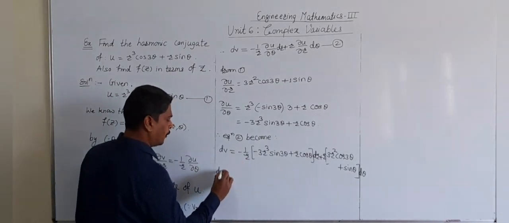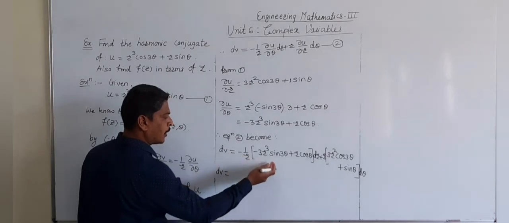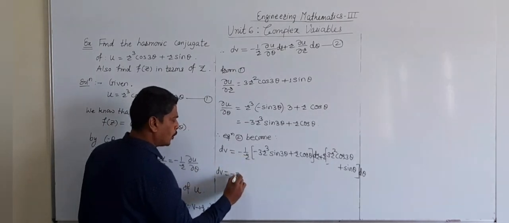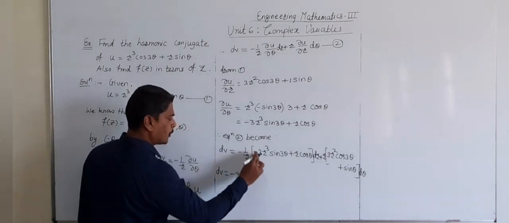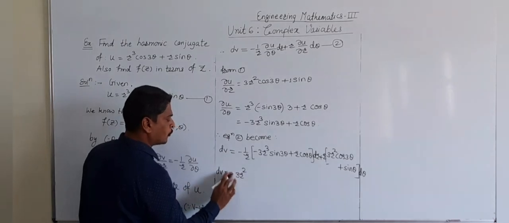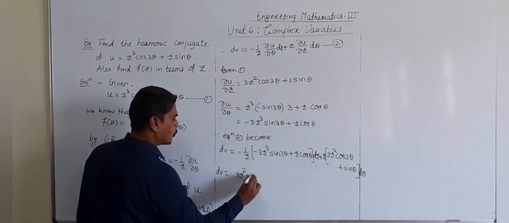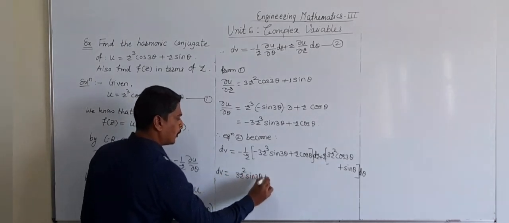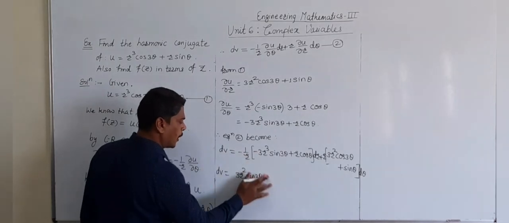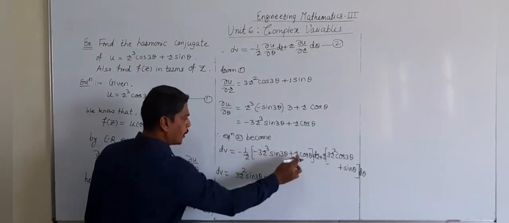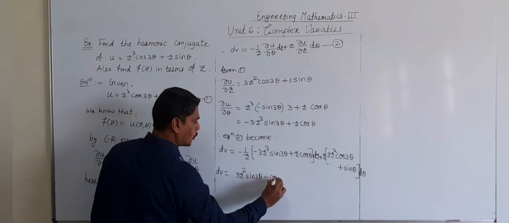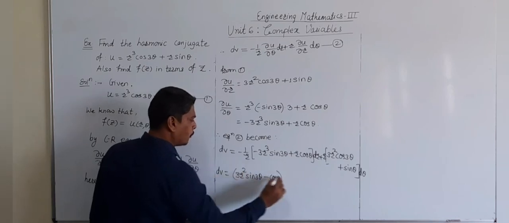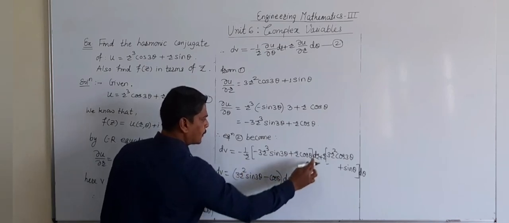We get dv equal to, multiplying 1 by r inside the bracket, minus into minus becomes plus 3r square sin 3θ, plus into minus becomes minus 1 upon r into r becomes 1 into cos θ, bracket complete, dr as it is.